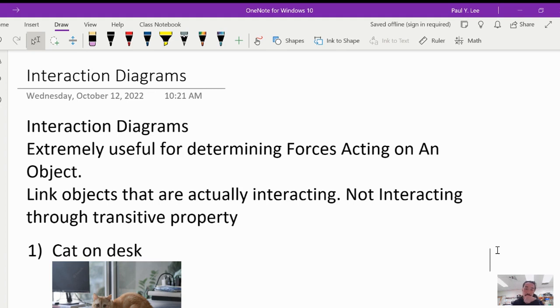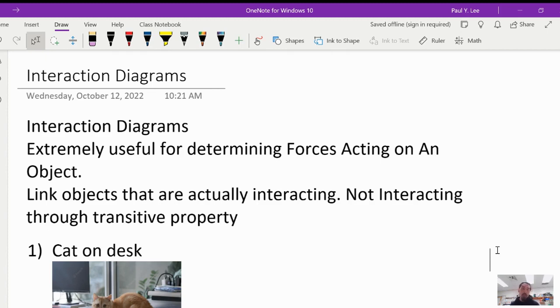All right, let's begin. You'll see through our couple of examples that the interaction diagrams are just there to show you how different things are interacting with each other. A very important note you'll see on your screen says not interacting through transitive property.